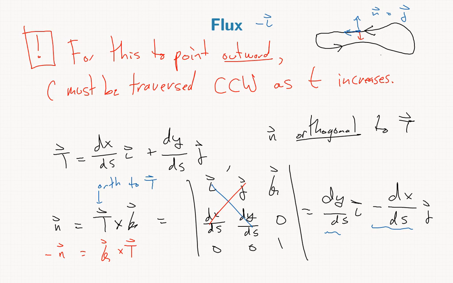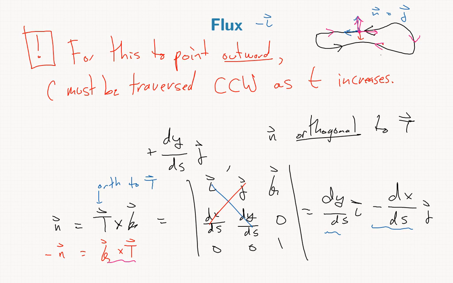But that is, if we were traversing this clockwise, then our tangent vector at this point would be the negative of what it was when we were going counterclockwise. And so then taking this would give the outward pointing one.